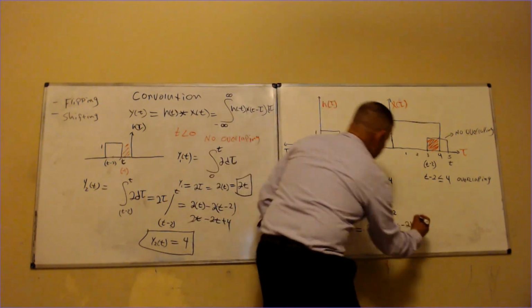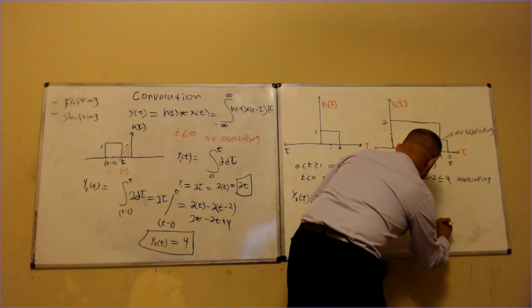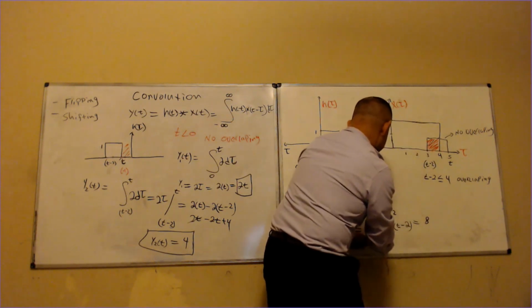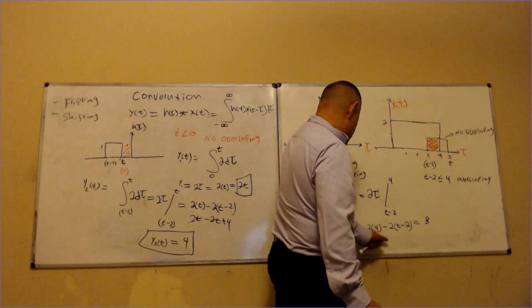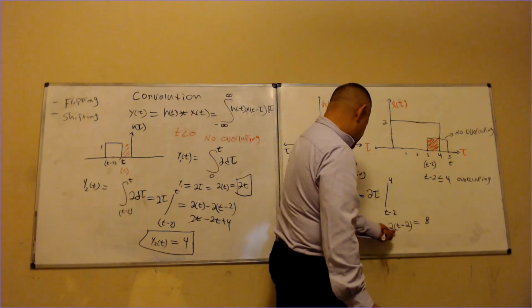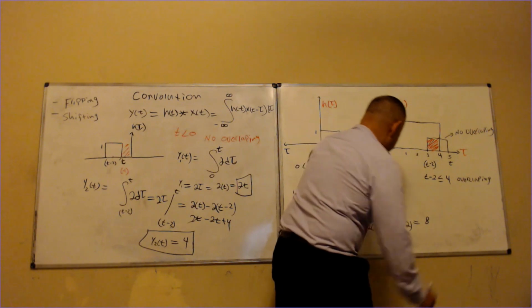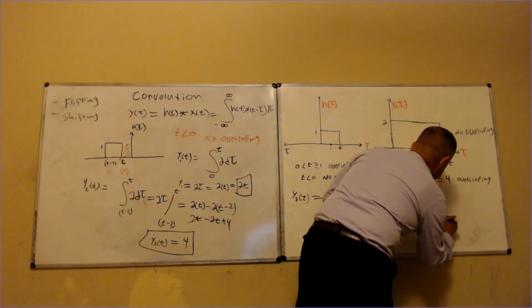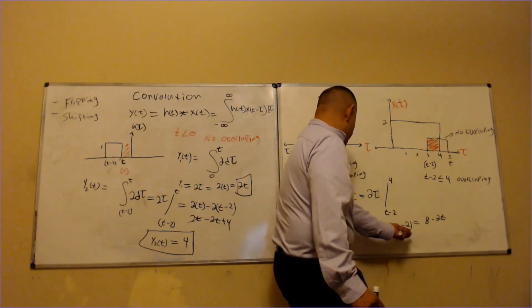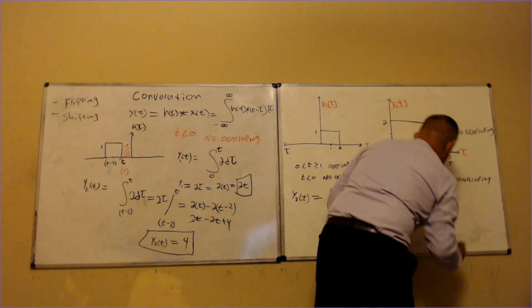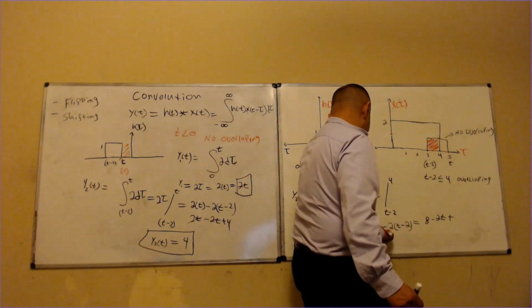That is going to be equal to 8, so it's going to be 8 minus 2t, and then plus another 2 times 2, so that is 4.